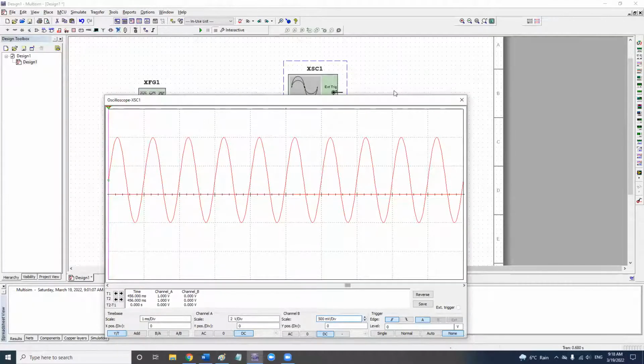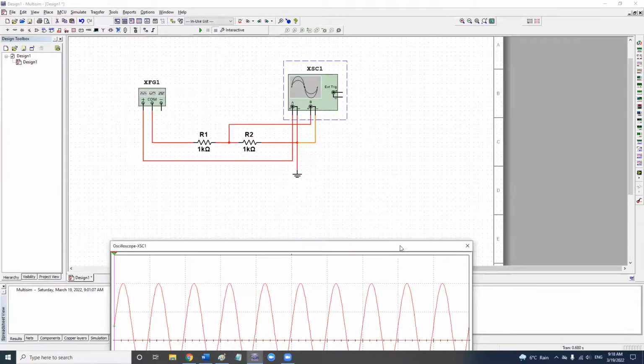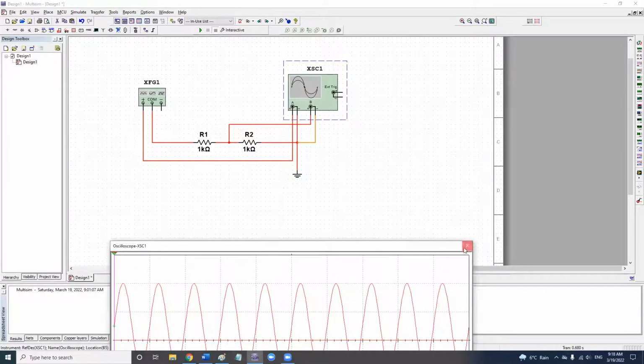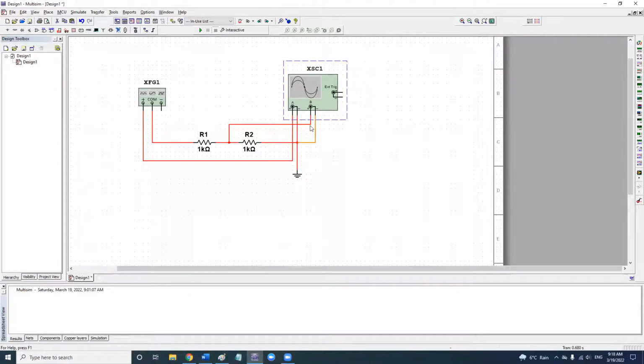Let me just fix this color. Okay. Here, where are you connecting it? This is very important.